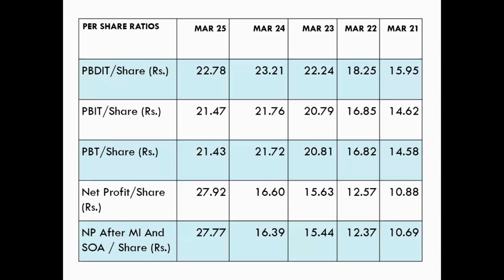Per share ratios. PBDIT per share is 22.7, 23.21, 22.24, 18.25, and 15.95. PBIT per share is 21.47, 21.76, 20.76, 16.85, and 14.62.